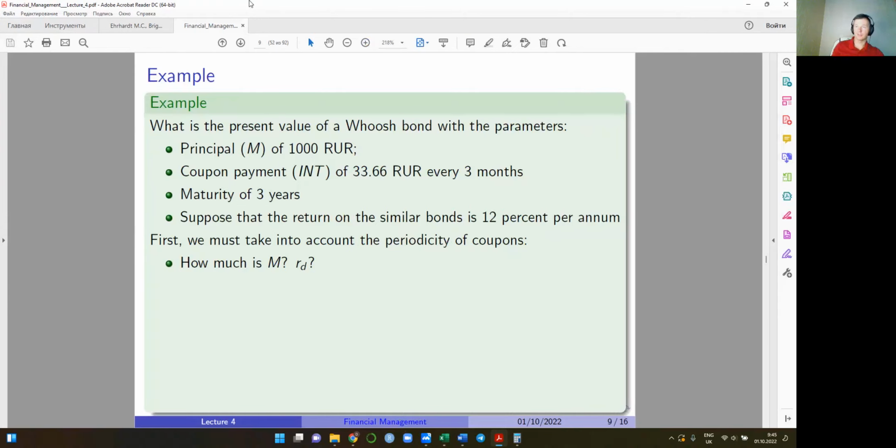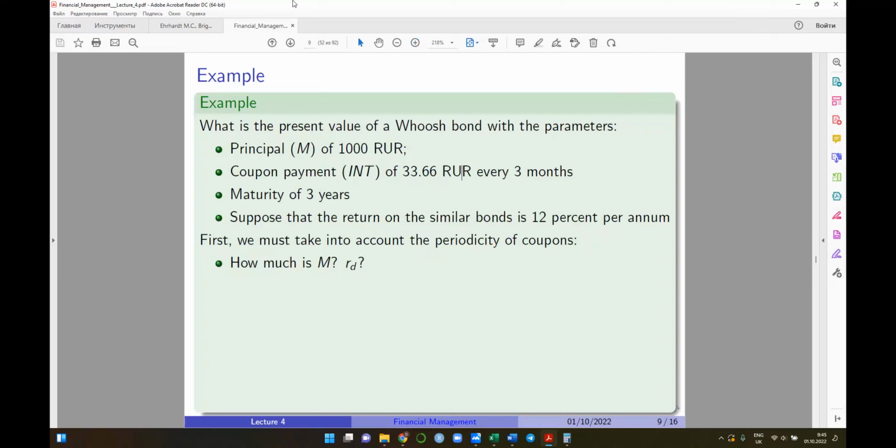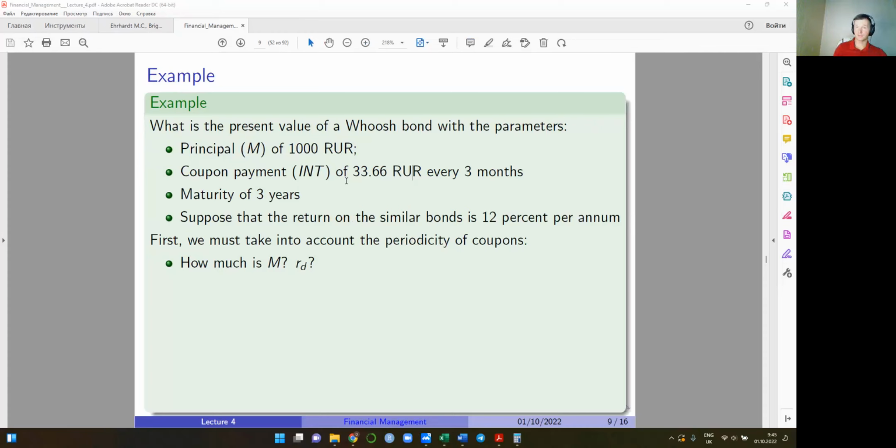Don't write to chat. Turn on your microphone and say it. Guys, arithmetics. Simple arithmetics.